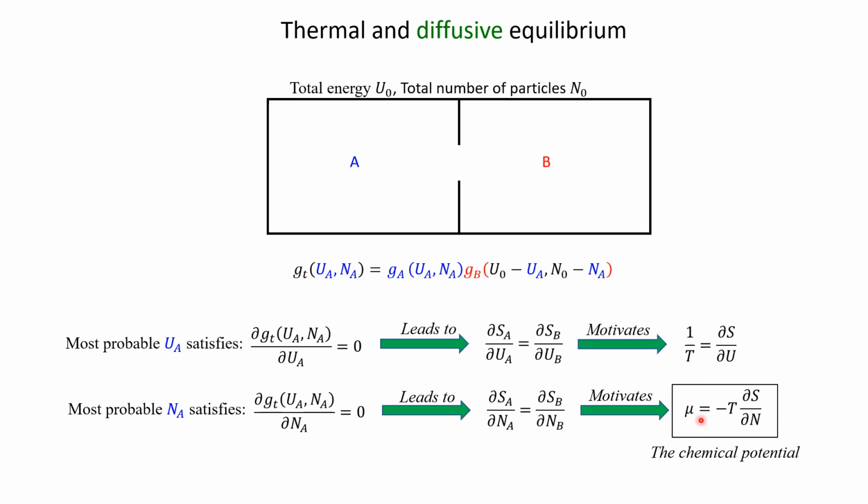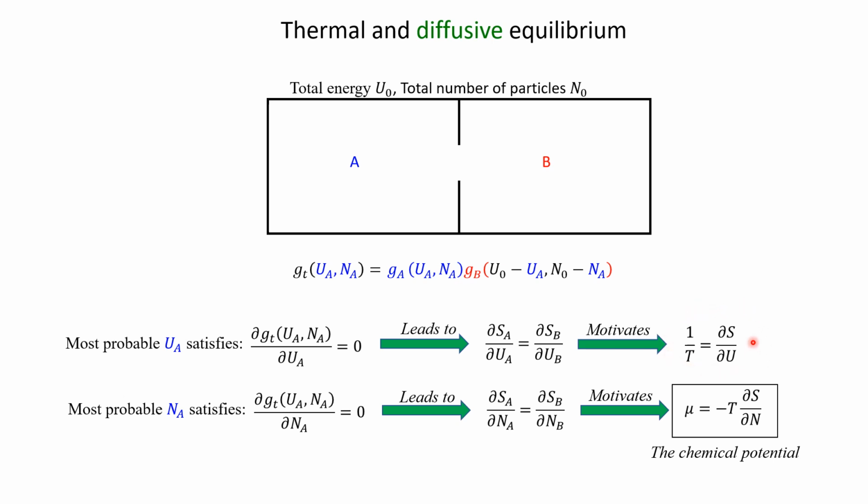So the chemical potential is defined in terms of the derivative of the entropy with respect to the number of particles, because that's the parameter that has to be constant across the systems in diffusive equilibrium. So the definition of chemical potential is analogous to the definition of temperature in the sense that both are parameters that express the condition of equilibrium.